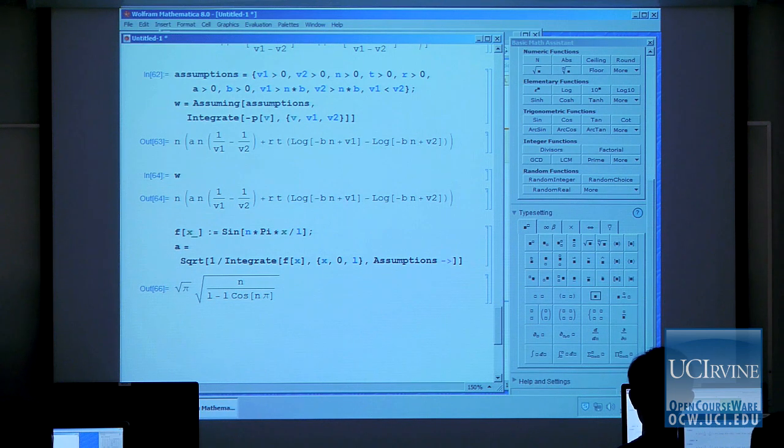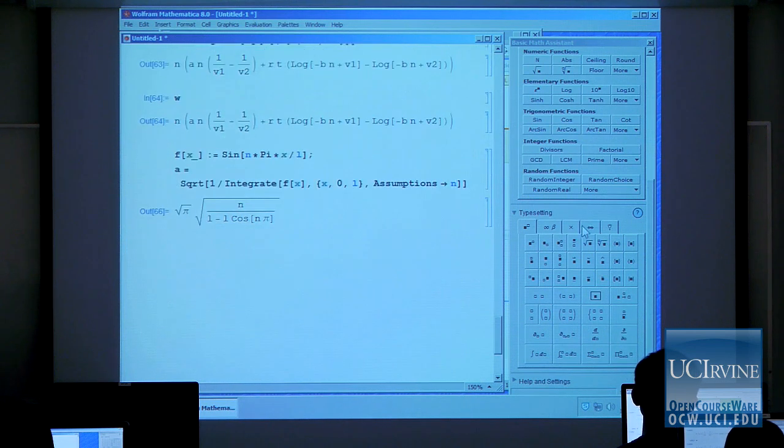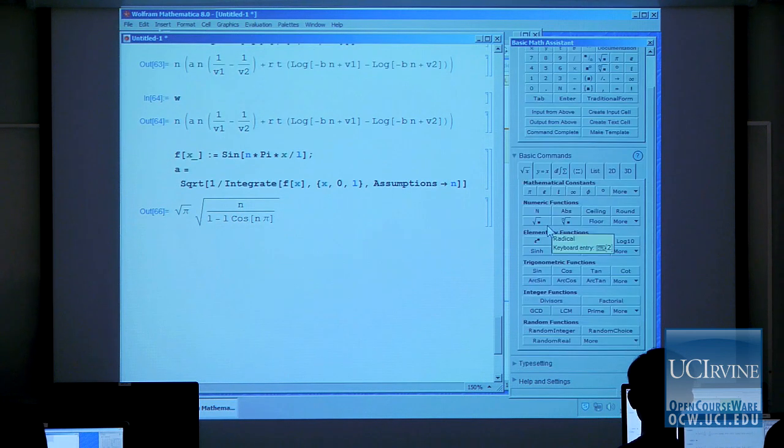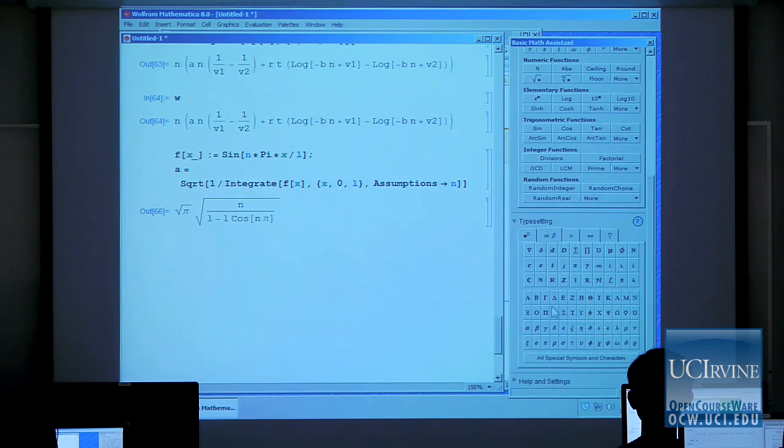There's a nice way I can say that as n, and now I go to this over here in the palette. There is somewhere here, is it here?